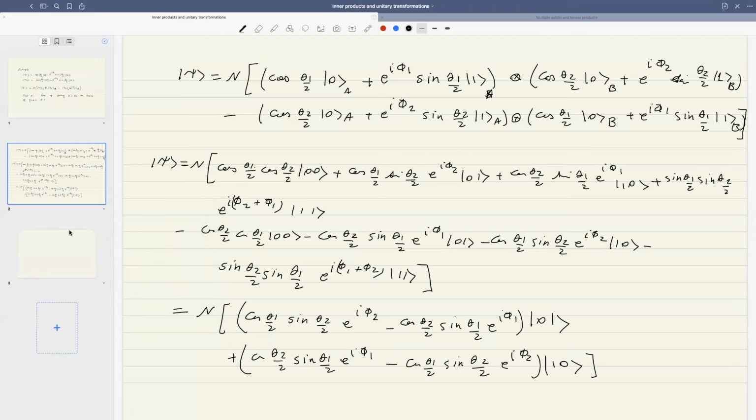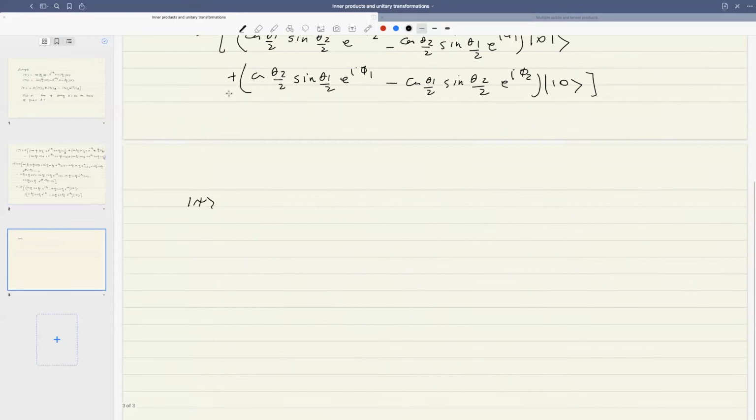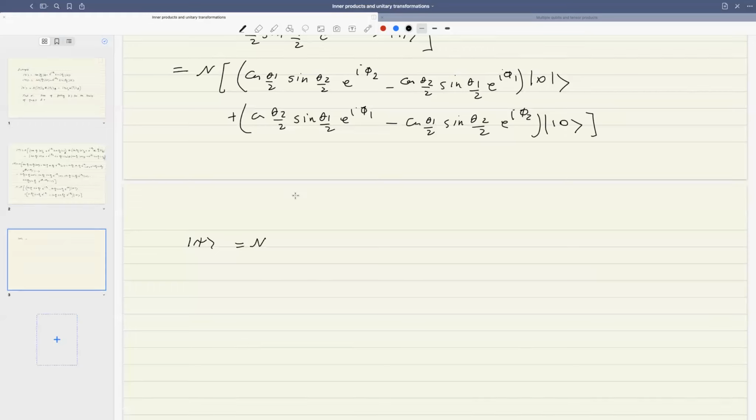So if I keep going, I can write my state psi as n times this coefficient, all of that, cosine theta 1 over 2, sine theta 2 over 2, e to the I phi 2, minus cosine theta 2 over 2, sine theta 1 over 2, e to the I phi 1.